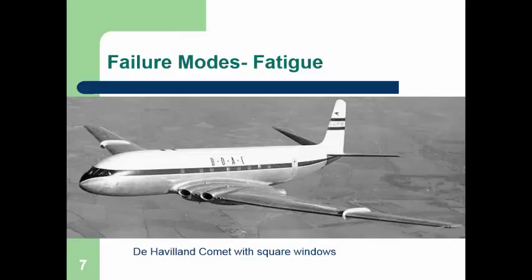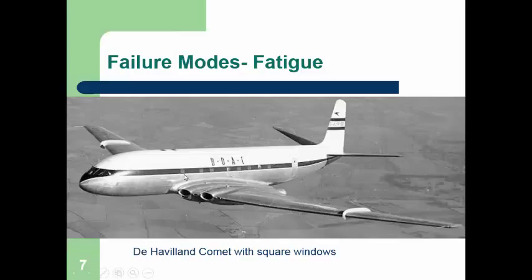This is the other famous example of fatigue. This is the de Havilland Comet. It's a British airplane. It was one of the first commercial jet airliners. And you notice in the stripe along the middle of the fuselage, the windows in the passenger compartment are square.